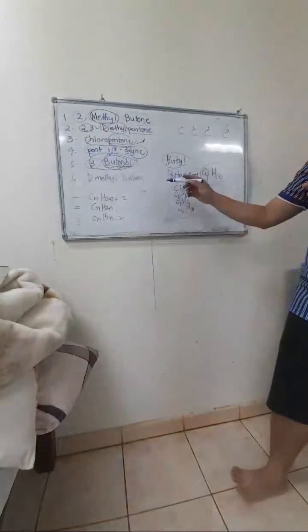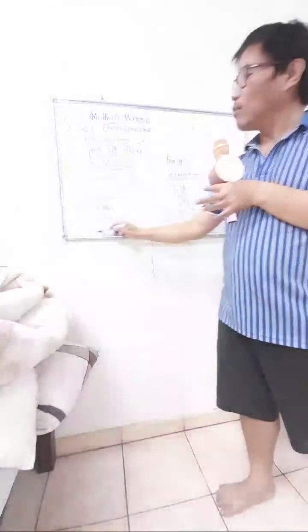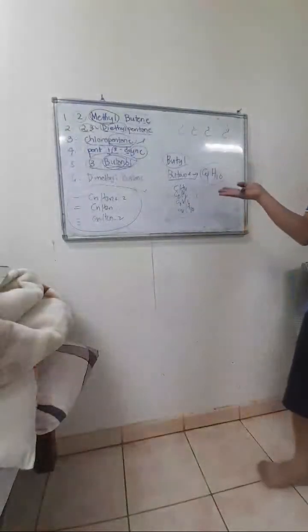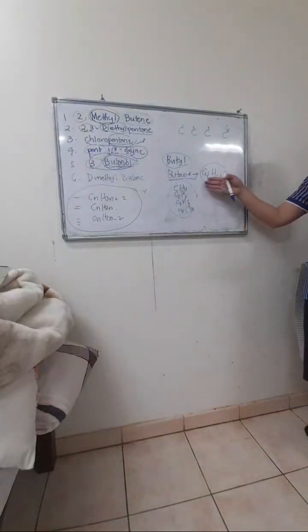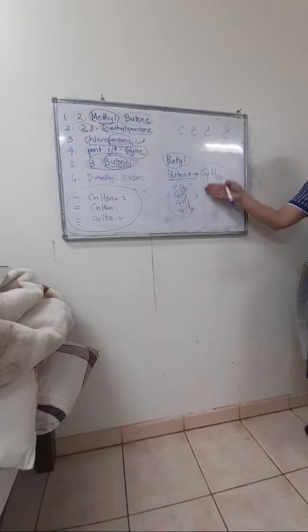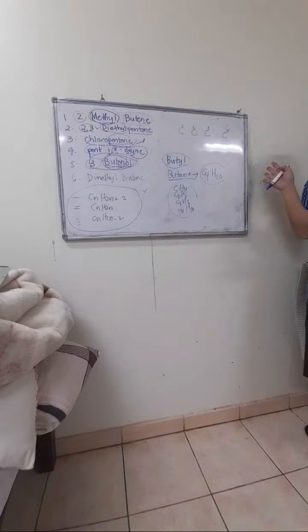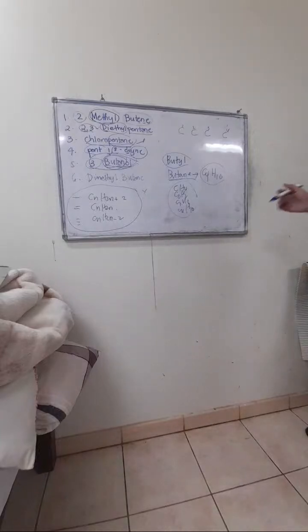So these are the hydrocarbon formulas in case you forget the sequencing of your hydrocarbon compounds, because sometimes you will be confused somewhere along the way. Just like me a while ago, I almost lost it also. Then I can use this.